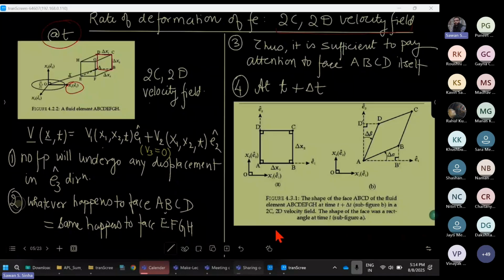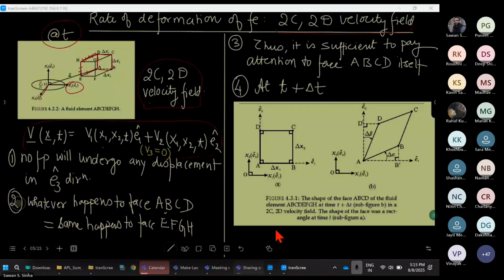Similarly, this face, this face will be parallel to X3, E3, and so on. So deliberately, we have oriented the cuboid such that its faces are parallel to the native planes of the Cartesian coordinate system.